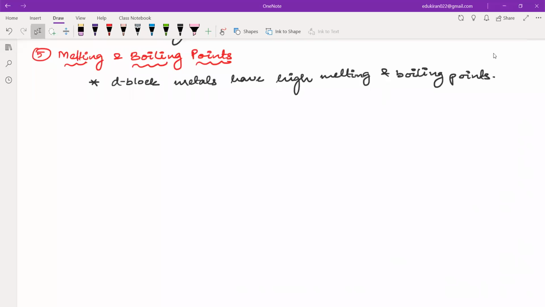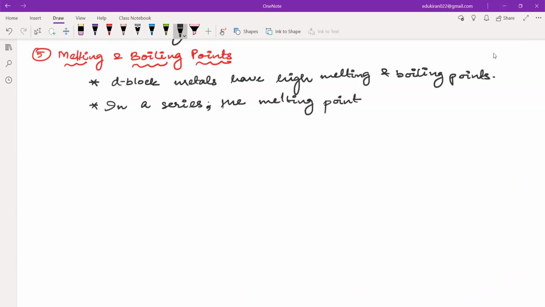Now, what is the trend in a series? In a series, that means 3d, 4d, or 5d, the melting points will slowly increase because we are increasing the number of unpaired electrons.